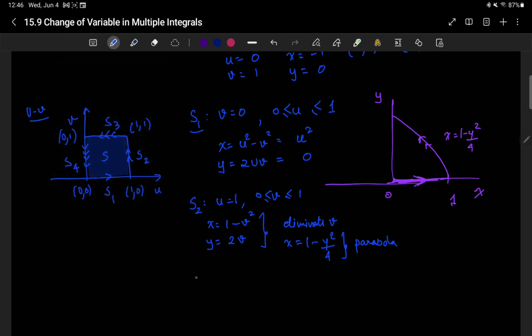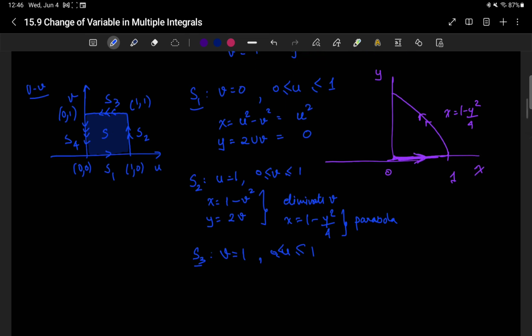Similarly, let's look at S3 now. For S3, we have v equals 1, and then u changes from 0 to 1. So we have x is u squared minus 1, and y is 2u. Same thing here: we will eliminate u to get x is y squared over 4 minus 1.